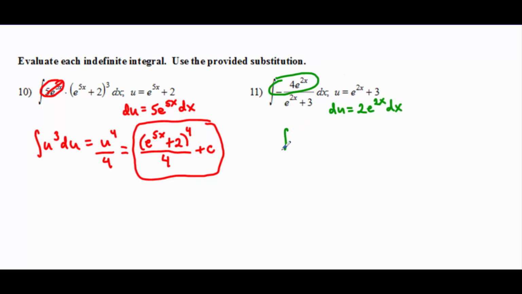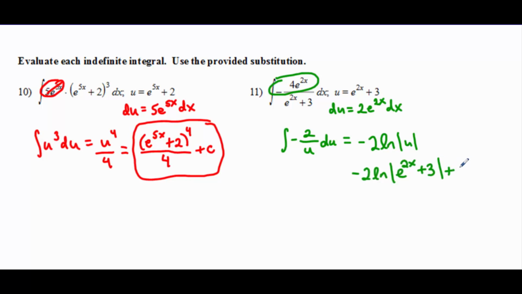When we divide those, we get negative 2 times what u is on the bottom, so that's over u. Remember, if it's over u and not over u squared or over u cubed or something like that, this is a natural log problem. So this is negative 2 natural log of u, which is negative 2 natural log of e to the 2x plus 3.